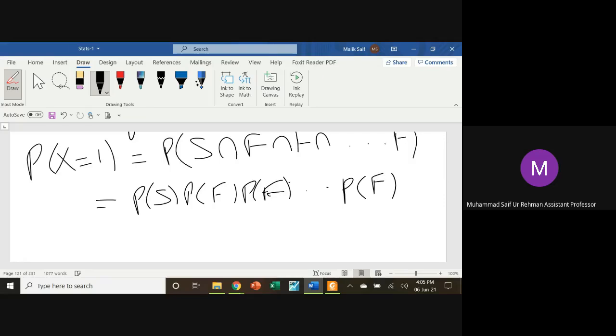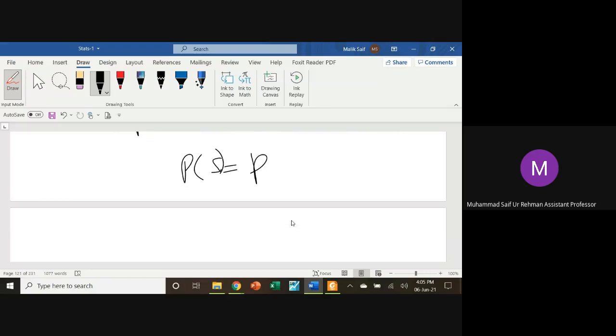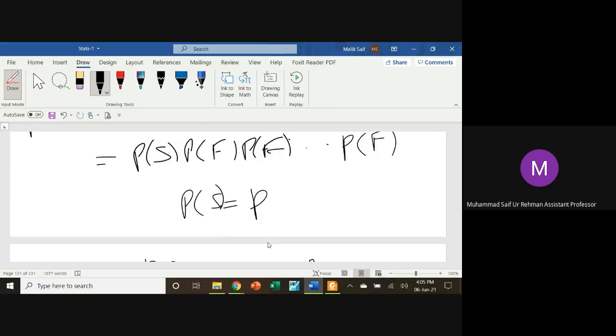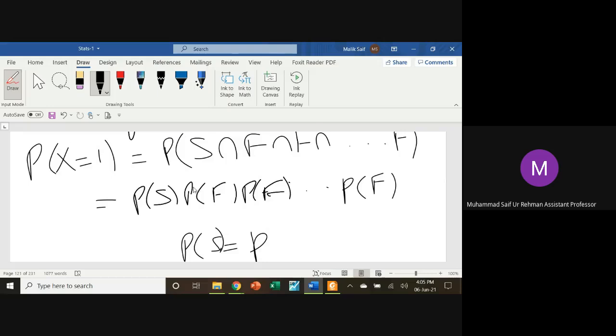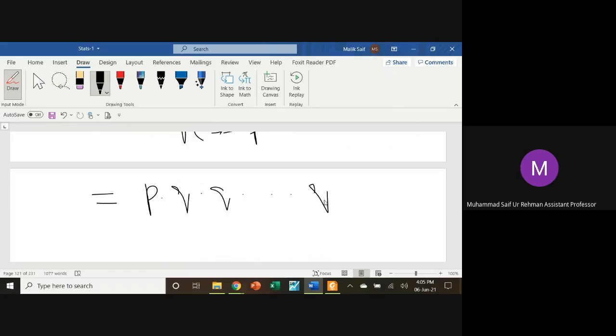Is it or not? Then you are saying that probability of f is equal to q and probability of s is equal to p. So now substituting these, you have p multiplied by q multiplied by q, so on up to multiplied by q. I have written q for probability of f, and p for probability of s. So p is there only once and q is there for n minus 1 times, because in total there are n terms. One term is p, so the remaining terms are n minus 1.